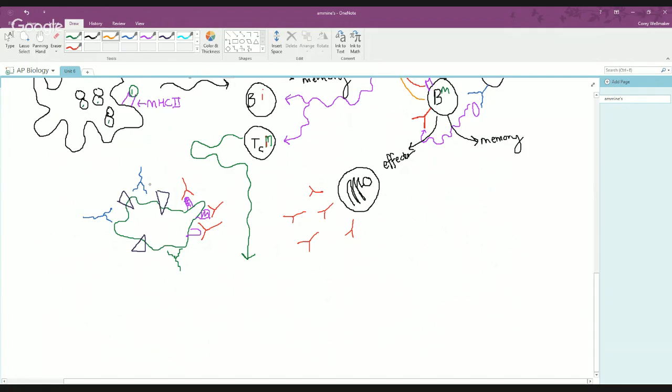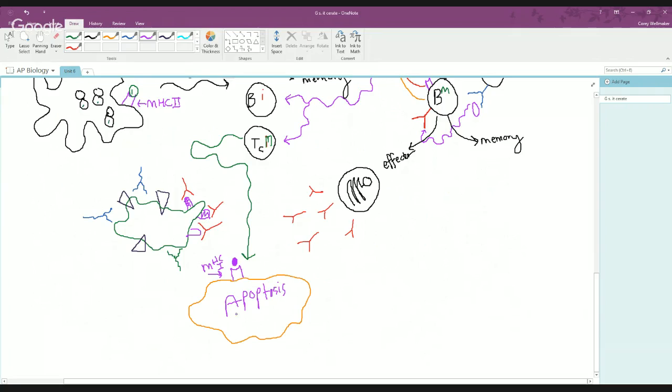The way the cell makes its last stand is it will take parts of the pathogen that entered it, and it will display those parts on a protein called MHC1, not 2, but 1. If an activated cytotoxic T cell recognizes this antigen that the cell in distress is displaying, it will secrete molecules that ultimately induce apoptosis.